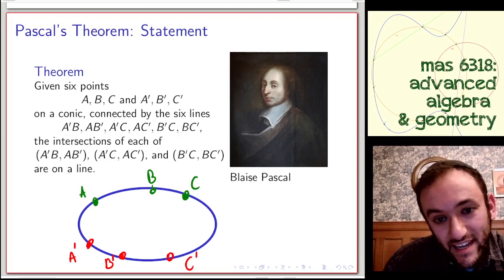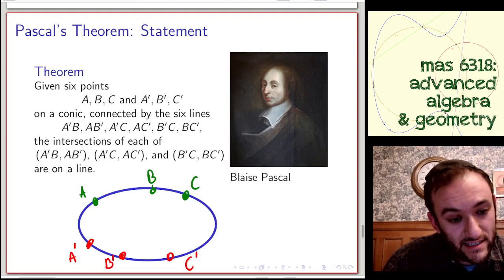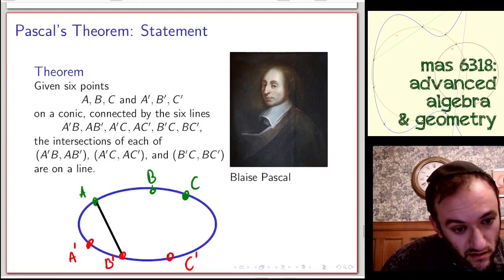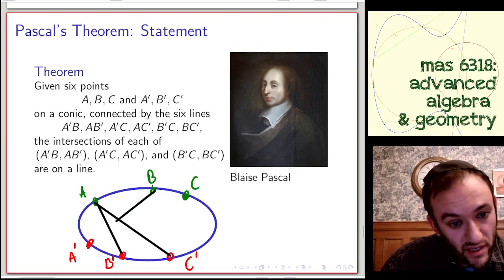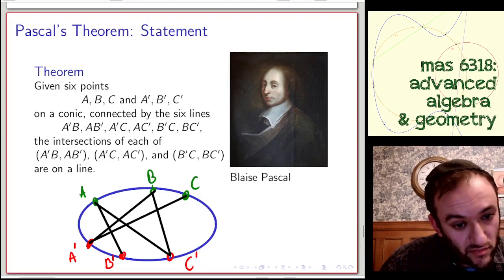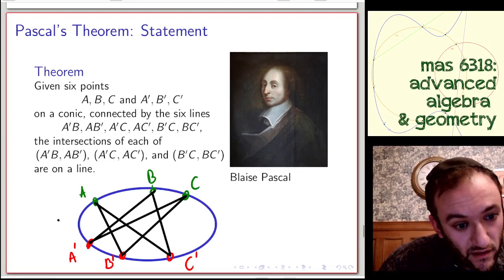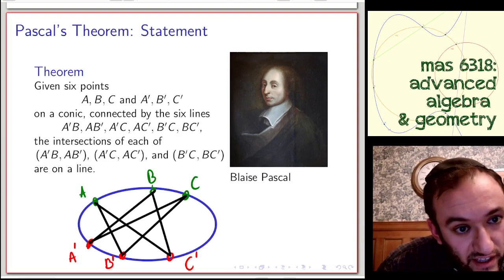And then we connect them using 6 lines. So we connect A to B prime and C prime. I'm going to get a line here. B goes to A prime and C prime. C goes to A prime and B prime. Okay, and let me see if I can get a dotted line.